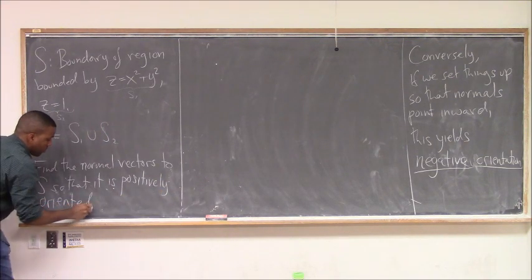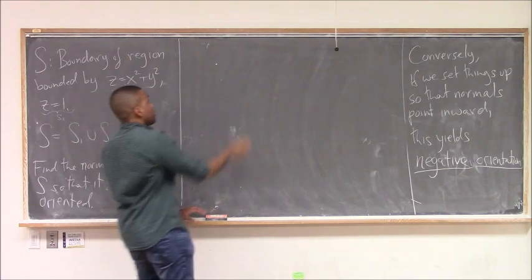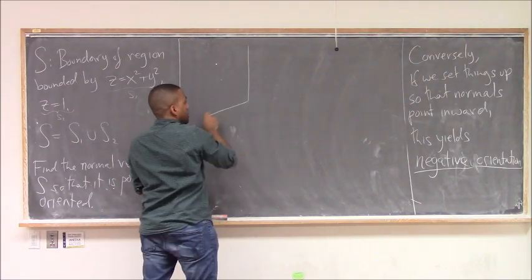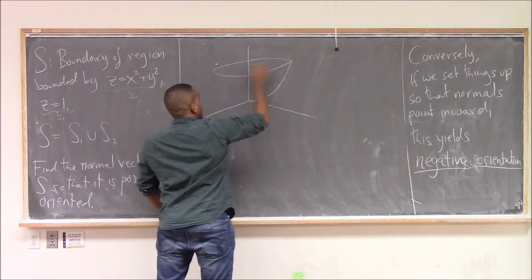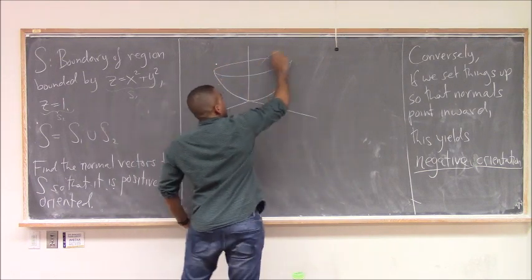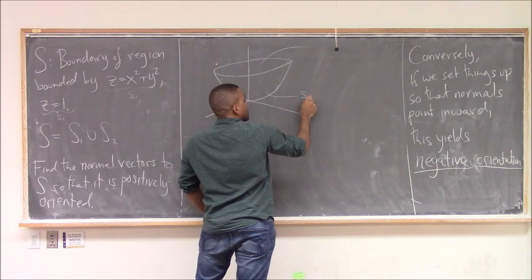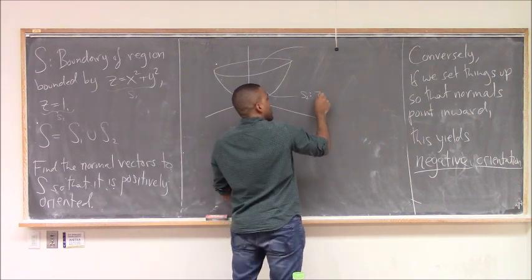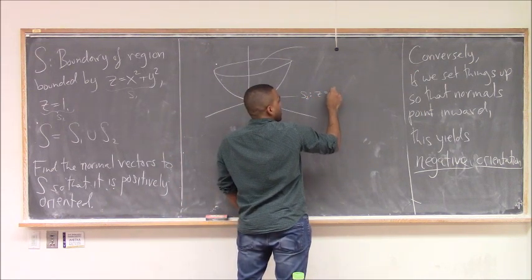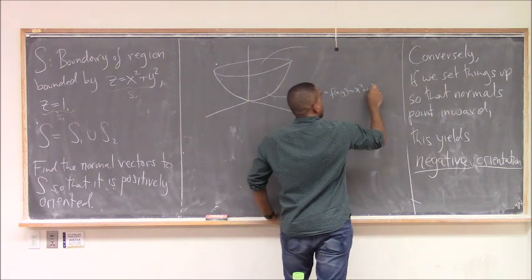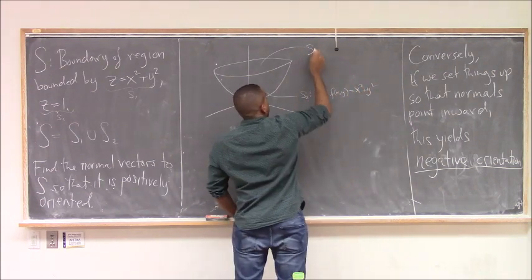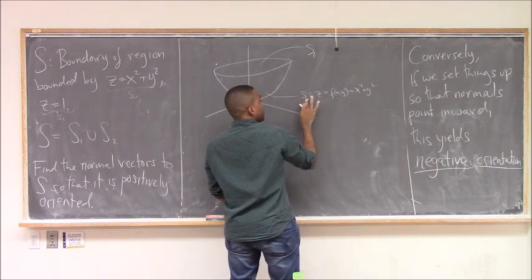So what you would do is, first you should have this picture in your head, or you should actually draw it so it looks like that. Where this is the surface 2, that one is given by z equals, let's call this f of xy, x squared plus y squared. This one is surface, which one did I call this surface 1 actually.